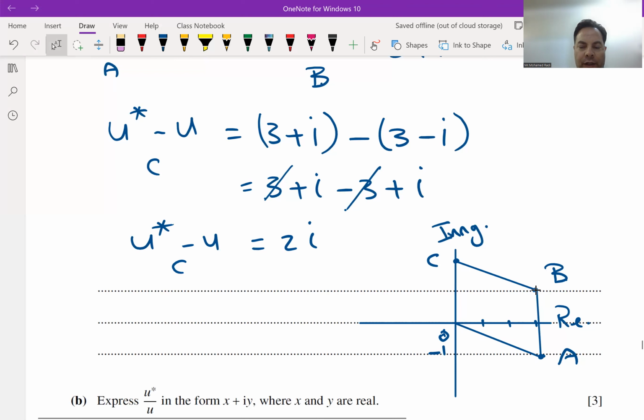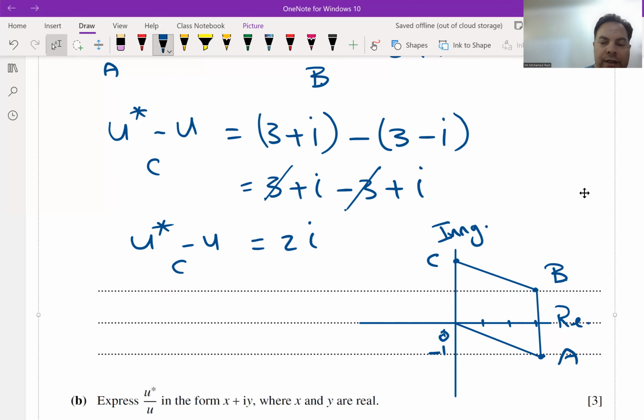Each opposite sides are equal and each opposite sides are parallel. So when I look at OC is 2 units and AB also 2 units. So they are parallel and equal.